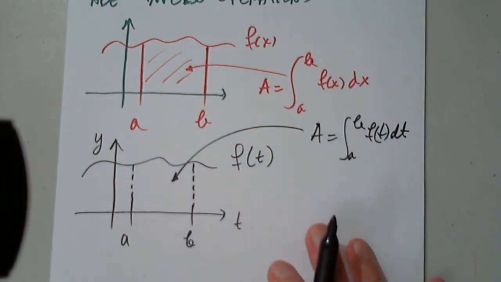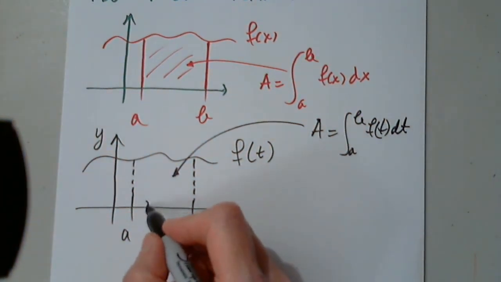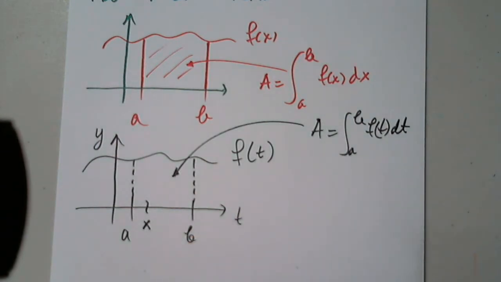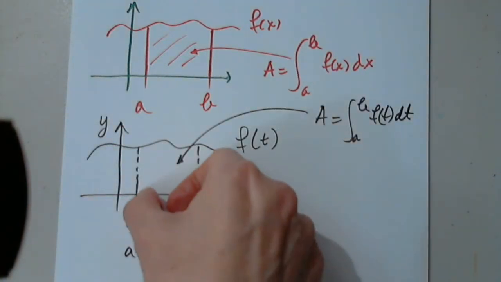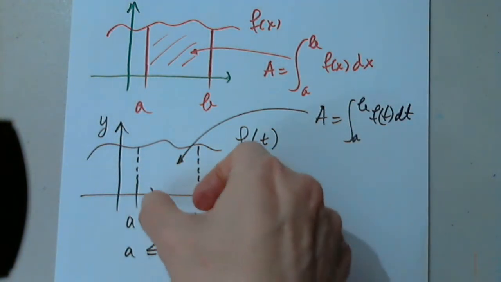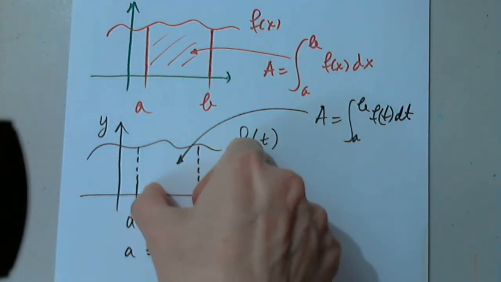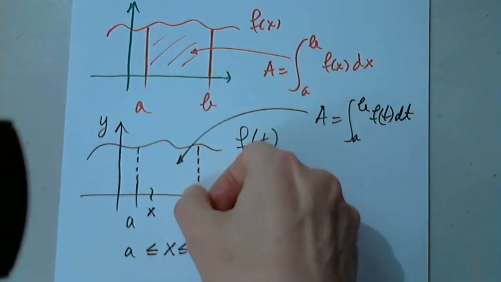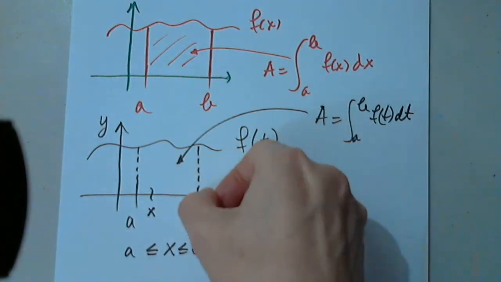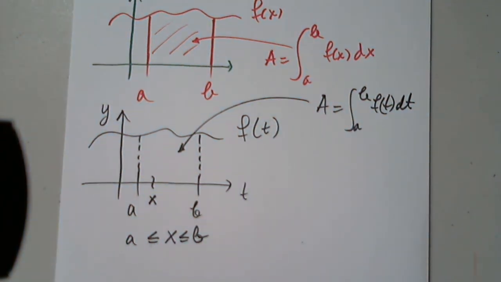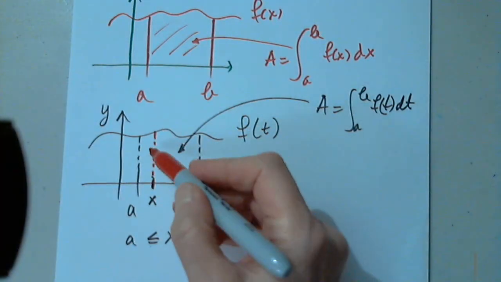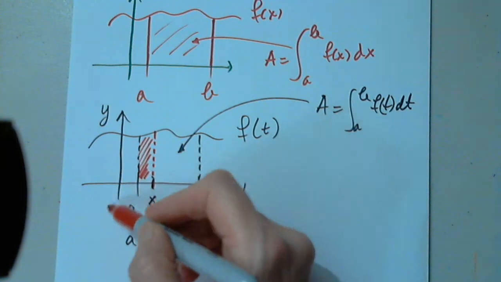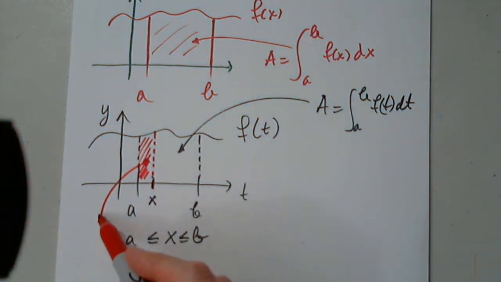Done. However, let's say I have x. And x is a number that goes from a to b. So if I have the interval 1, 10, x can be 1, can be 1.1, can be 2, can be 3, can be anything between a and b. So for x in this particular position, can anyone tell us what is this and how do I write it?